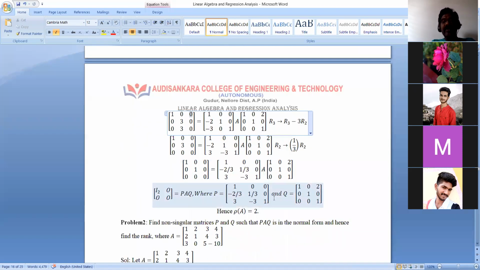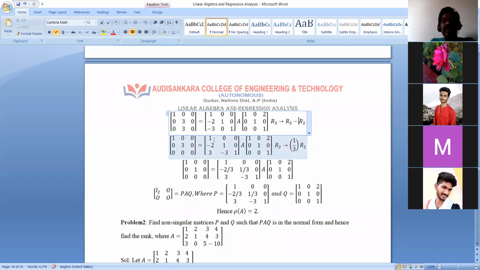Next, we want to reduce this third column, third row, second element to 0 by using the second row. That is nothing but taking 1, 0, 0, 0, 3, 0.